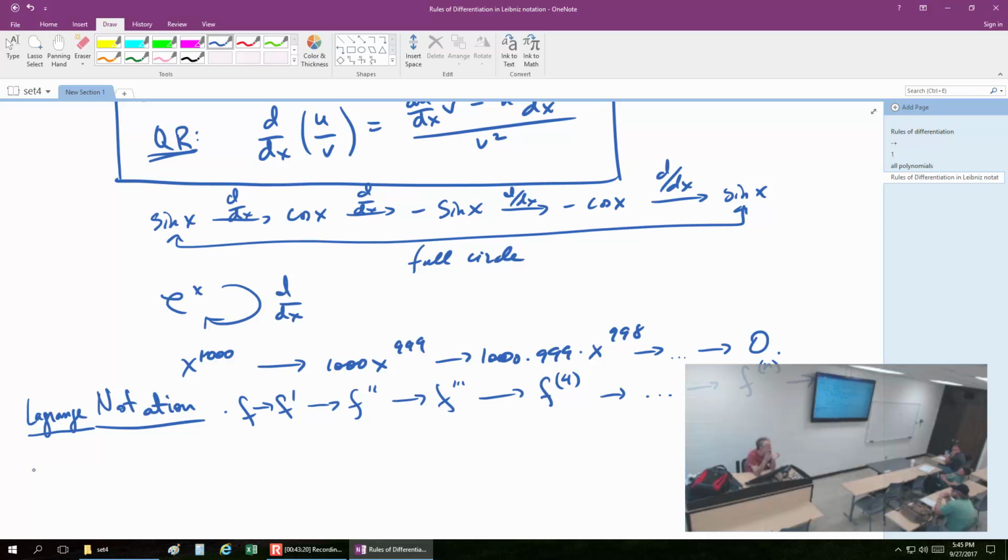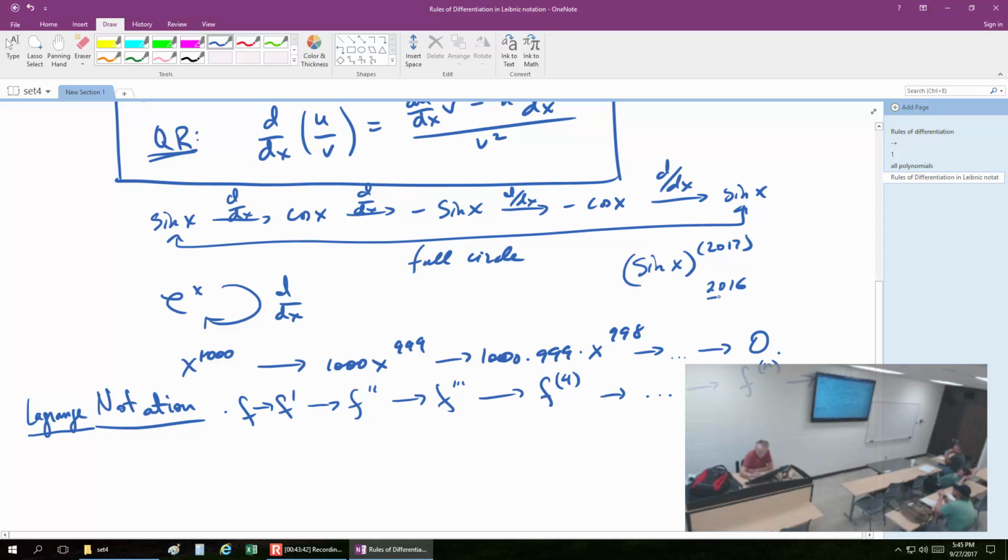So how do you do it? Sine x differentiated 2017 times. How do you do it? Differentiate once. Why? Because 2016 divided by 4 gives you a round number. 2016 is divisible by 4 apparently.